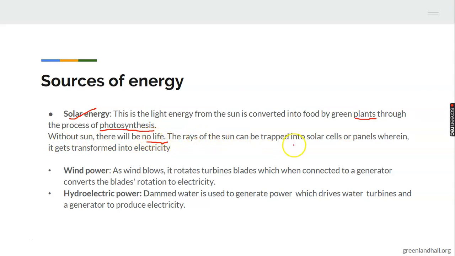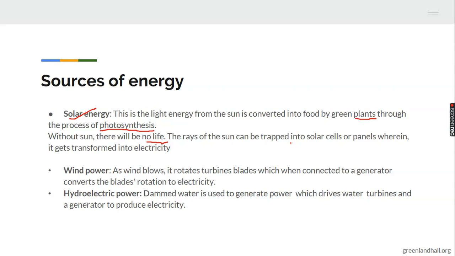The rays of the sun can be trapped into a solar cell or panel, wherein it gets transformed into electricity. Because of epileptic power supply in our country, a lot of people put solar panels on top of the roof of their houses, or you can even have one as small as what you carry about to charge your phone.